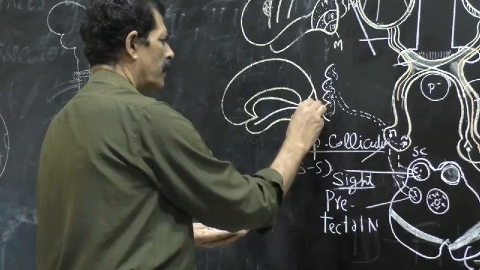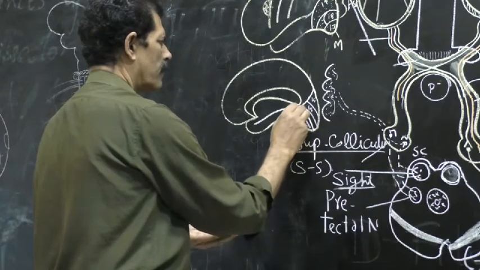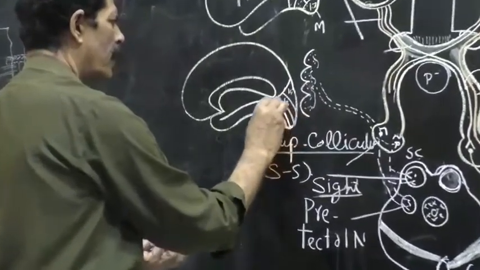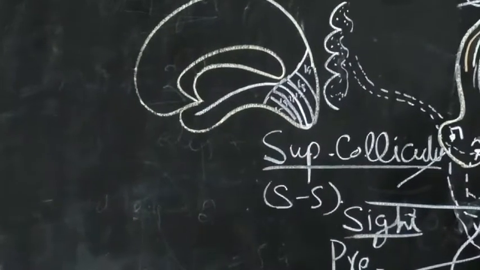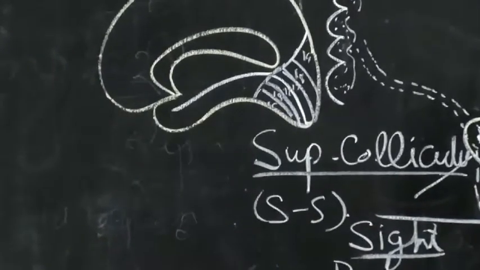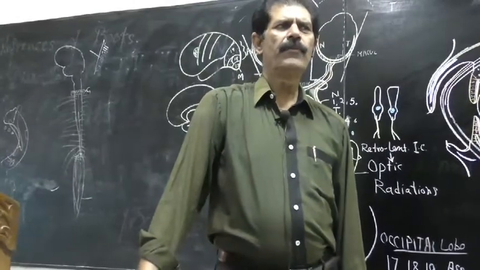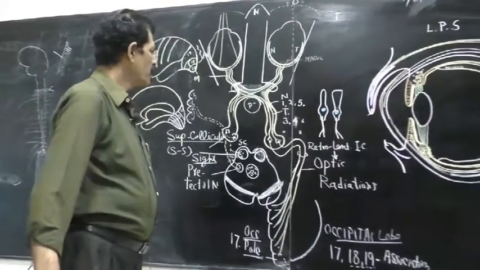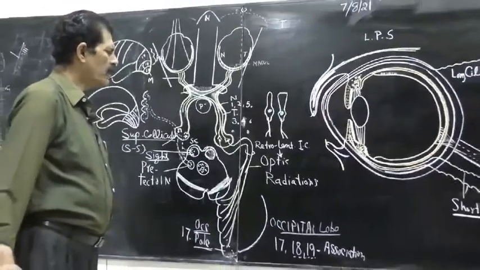Then come 18 and then 19. Same below. 17, 18 and 19. So these are the association areas. Area 17 is with the occipital pole area. This is where the macular vision is. So whenever a question of the optic pathways or the visual pathway comes, you have to practice this diagram, which shows how to make the correct diagram of the lobes.